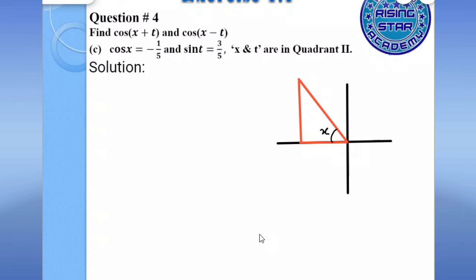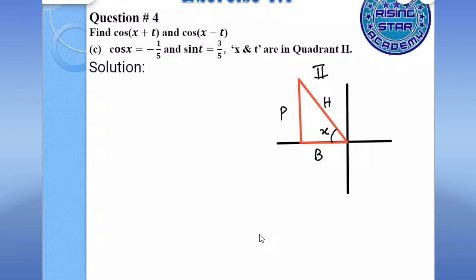In part C, we have the value of cos x equal to minus 1 by 5 and sine t equal to 3 by 5, and both are lying in the second quadrant. So now this is our perpendicular, this is our base, this is our hypotenuse.